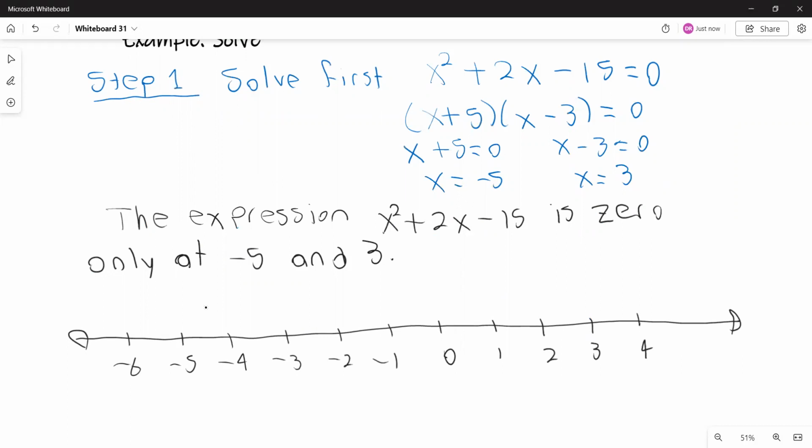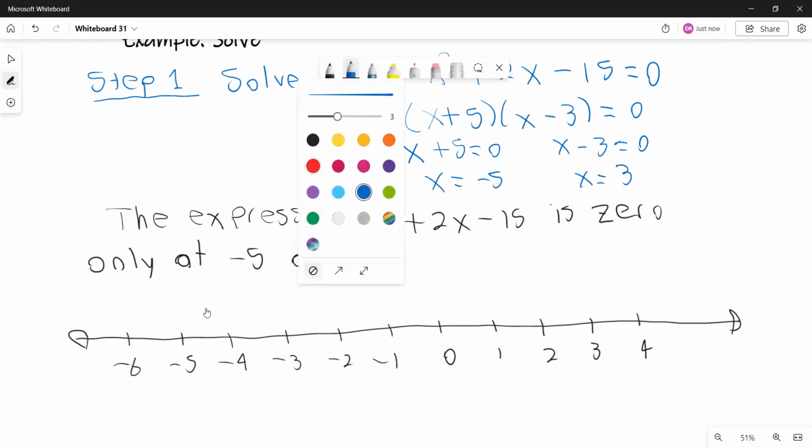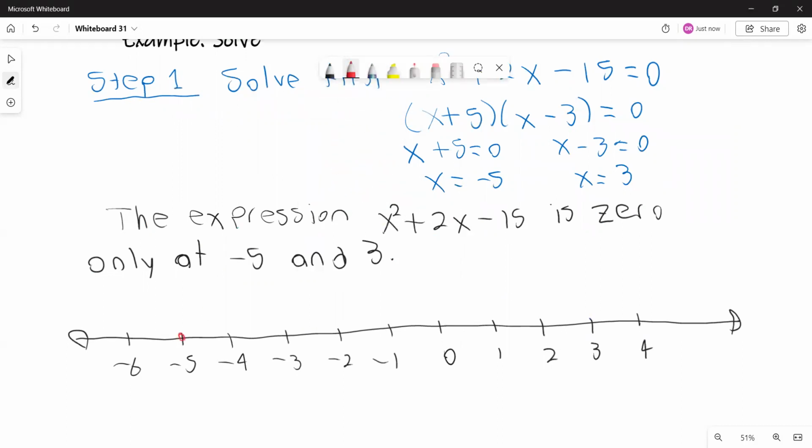Okay, so we know that this expression becomes 0 at -5 and 3. So at -5 and at 3, this becomes 0.